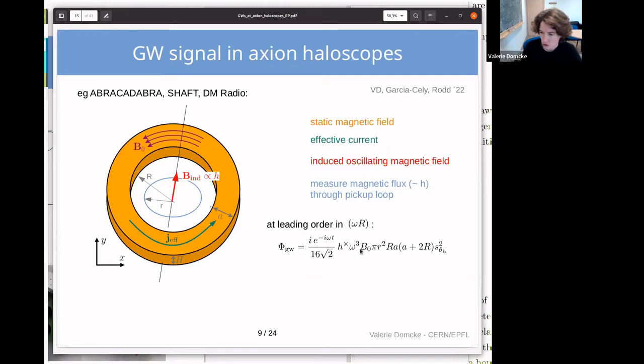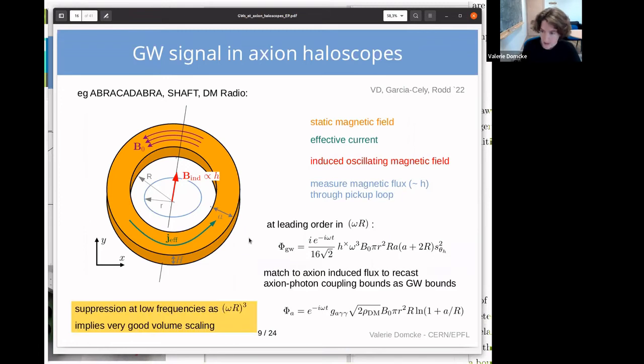It depends, of course, also on the value of your external magnetic field. The larger you make your field, the better. And it depends on the volume factor here. This is some sort of a volume factor, where this little r is the radius of the pickup loop, the large R is the radius of the torus, and a is the width of the torus. And it depends on the angle at which the gravitational wave hits your detector.